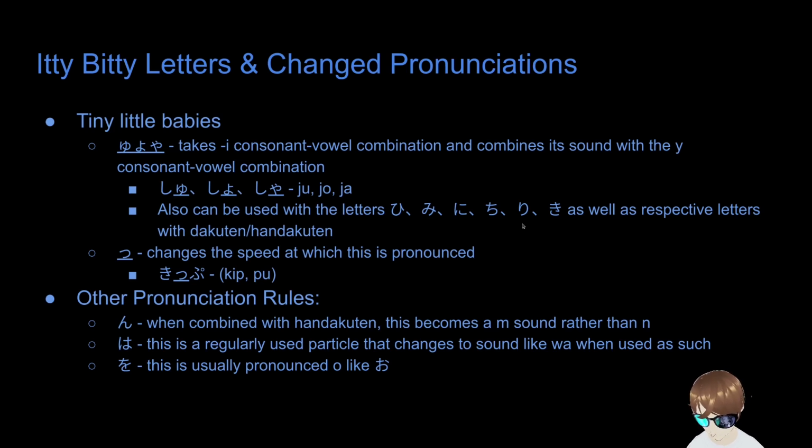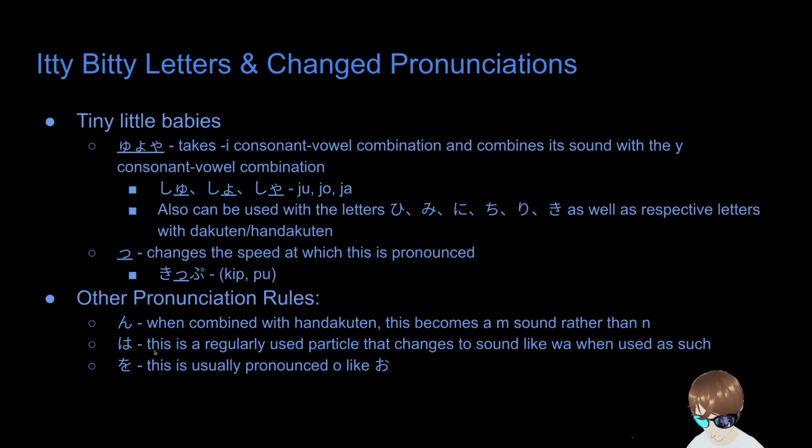For instance, the word for apple is ringo. You really can't say Ringo, and you can't say lingo. It's ringo. You really have to be sitting on the fence. There's also ha.